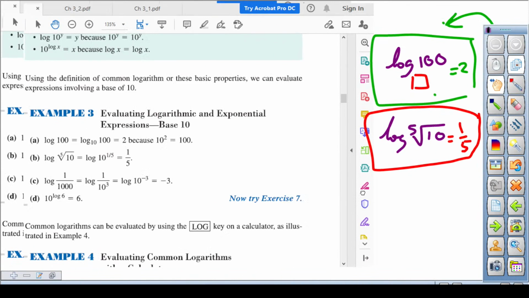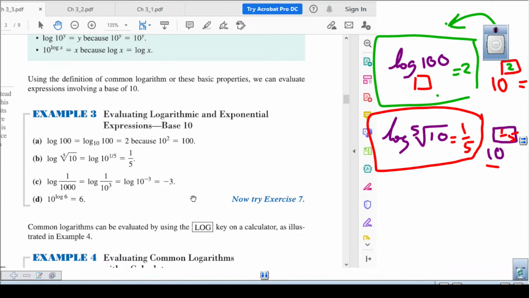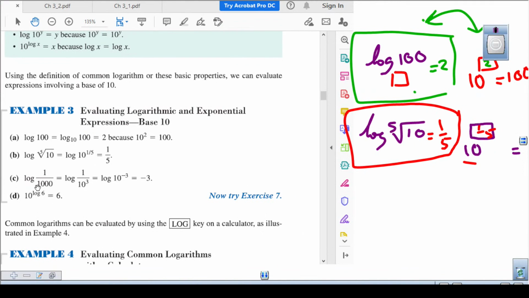Let's see, letter C, I should say. Log of 1 over 1,000. Well, 1,000 is 10 to the third. Let's do this one quickly. Log of 1 over 1,000 is the same as log of 1 over 10 to the third.